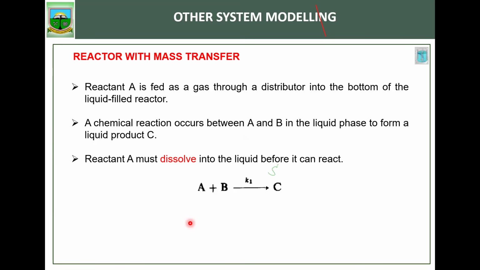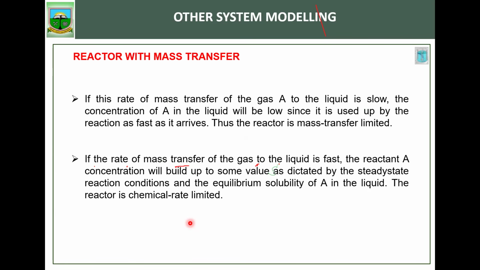So we apply this. It is saying that reactant A must dissolve into the liquid, which is true. If you have poor dissolution, the reaction will be limited. If the concentration of A in the liquid is low, it means it is used up quickly.